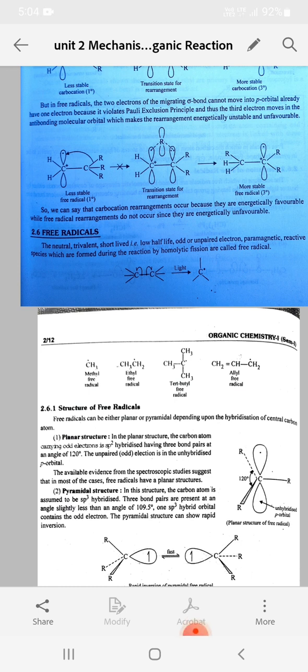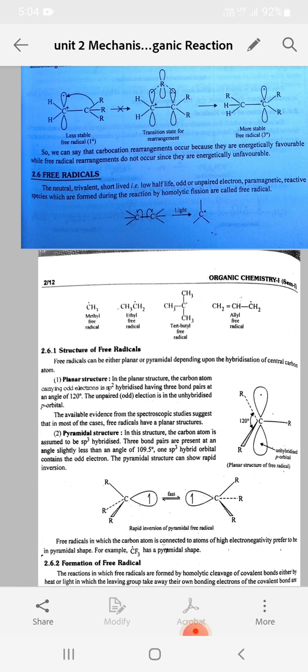Structure of free radical. Free radical can be either planar or pyramidal depending upon the hybridization of the central carbon atom. Okay, the planar structure. In the planar structure, the carbon atom carrying odd electron is sp2 hybridized, having 3 bond pairs at the angle of 120 degrees.